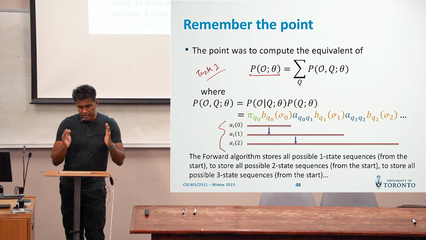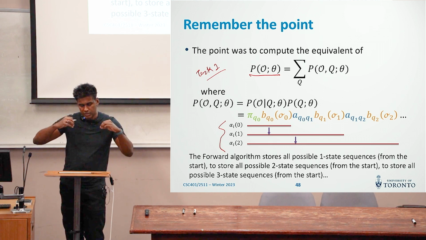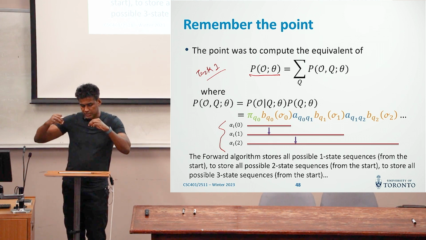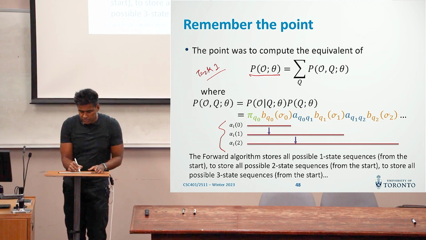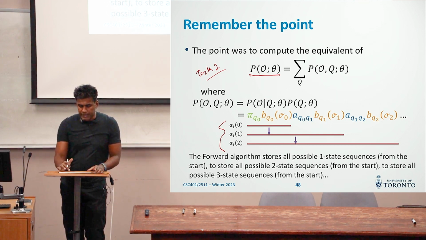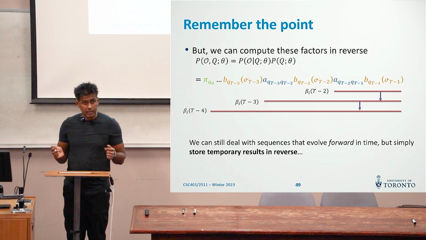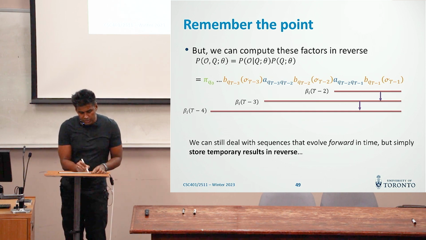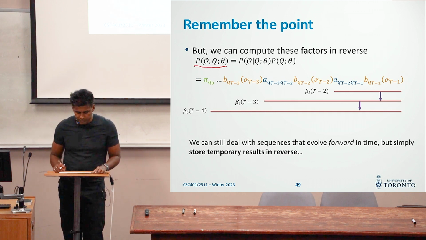The forward algorithm stores all possible 1-state sequences from the start, then all possible 2-state sequences from the start, then all possible 3-state sequences from the start. And for the backward procedure, we do this exact same thing, still calculating the observation likelihood, but we're starting from the right and then going forward, okay?